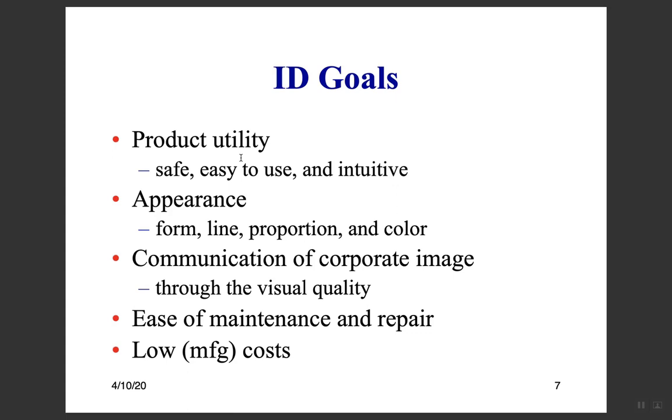That is something that makes them feel good, that appeals to their emotions, that I think will attract the customer. So it can be form, line, proportions, colors, image, and so on. And then the next one is communication of corporate image.